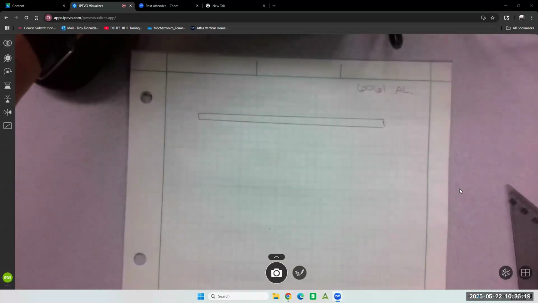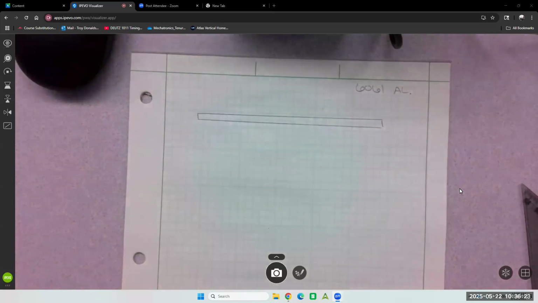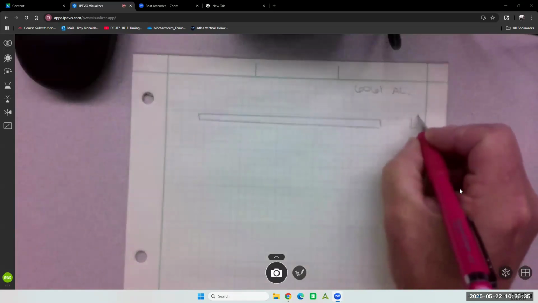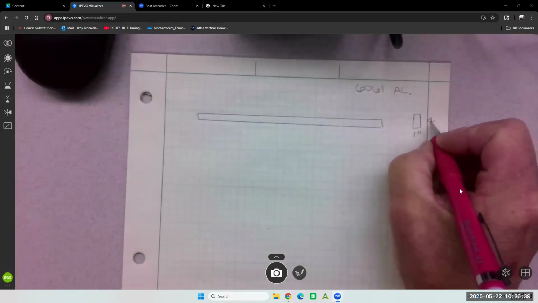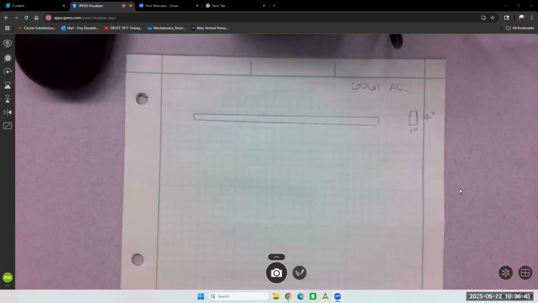Let's do an extra credit one, because you all are here. And you all need rewarded for that. So this will be an aluminum bar. And I'm going to make that cross section 1 inch by 4 inches.